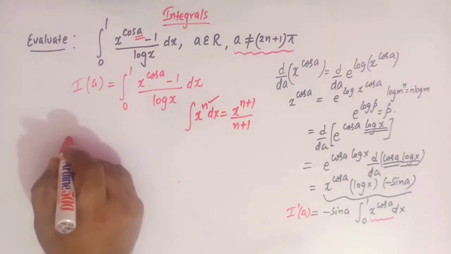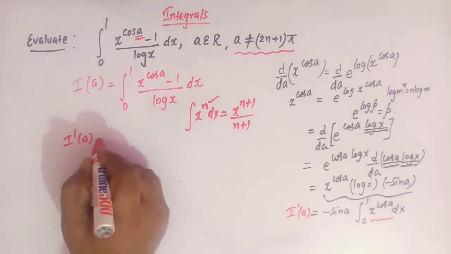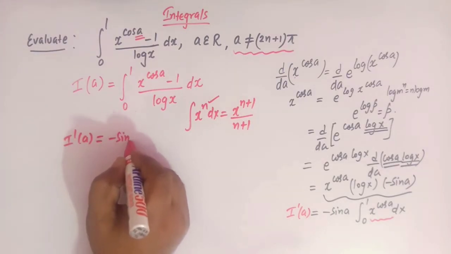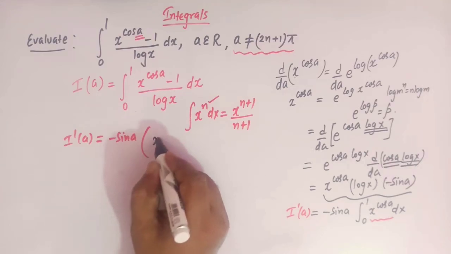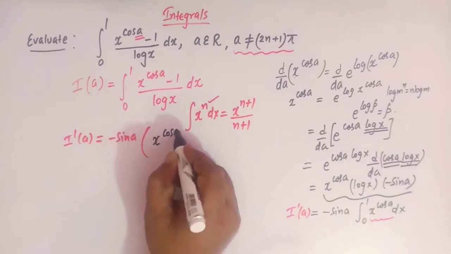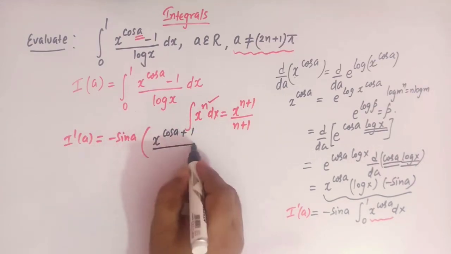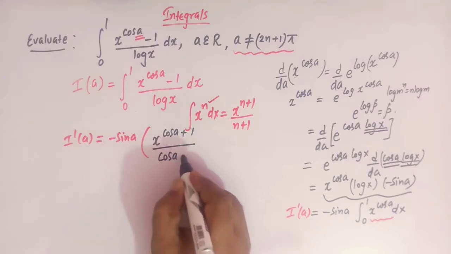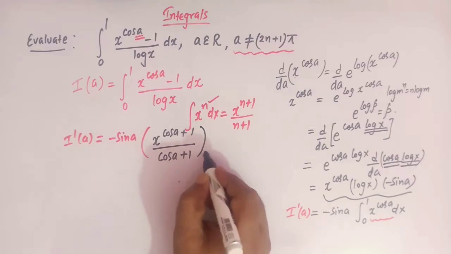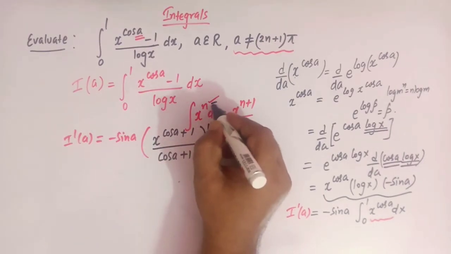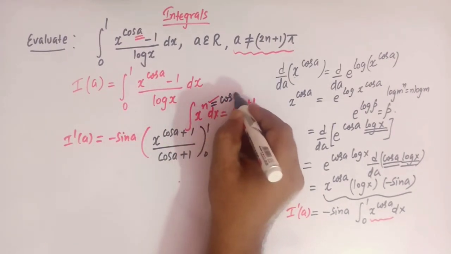So we have I prime of a is equal to minus sine a, and we have here x raised to cos a, so this is x raised to cos a plus 1 divided by cos of a plus 1, right? And the limits are from 0 to 1, and here we have taken n as cos of a, right?